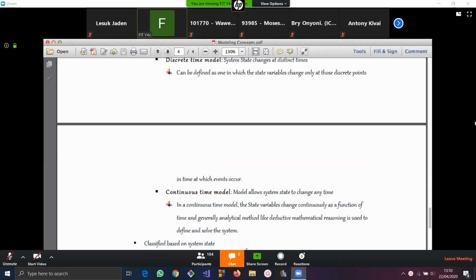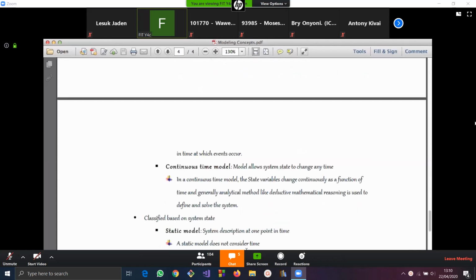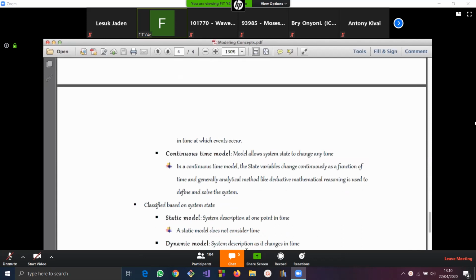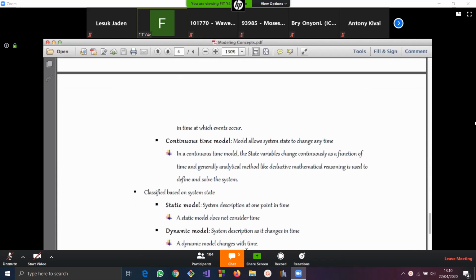There are also those classified based on the system state itself. Those classified based on state are the static model, which I think we have talked about up there, and dynamic models. A static model is a system description at one point in time and does not consider time. Time is not what you use in modeling.